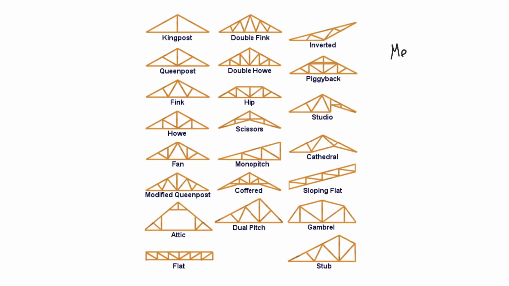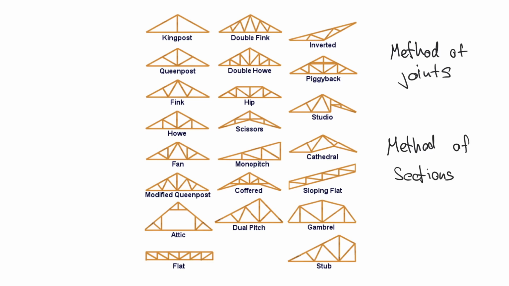That is the method of joints and the method of sections. And in today's lecture, we will really only focus on the method of joints, and I will explain in a second why it's even called method of joints.